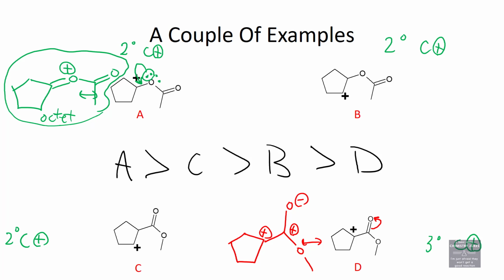How do you know if it's a simple question, like tertiary is more stable than secondary, versus a complicated resonance and induction question?